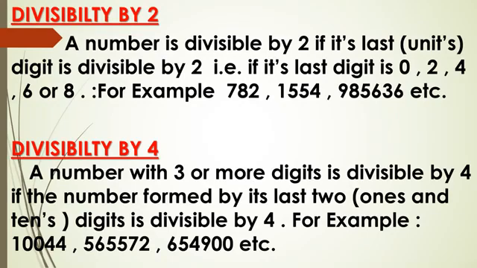Next example is 6,54,900. Its last two digits are 0. If you remember, yesterday I told you that if the last two digits are 0, then also our number is divisible by 4. So this is also divisible by 4. Clear?